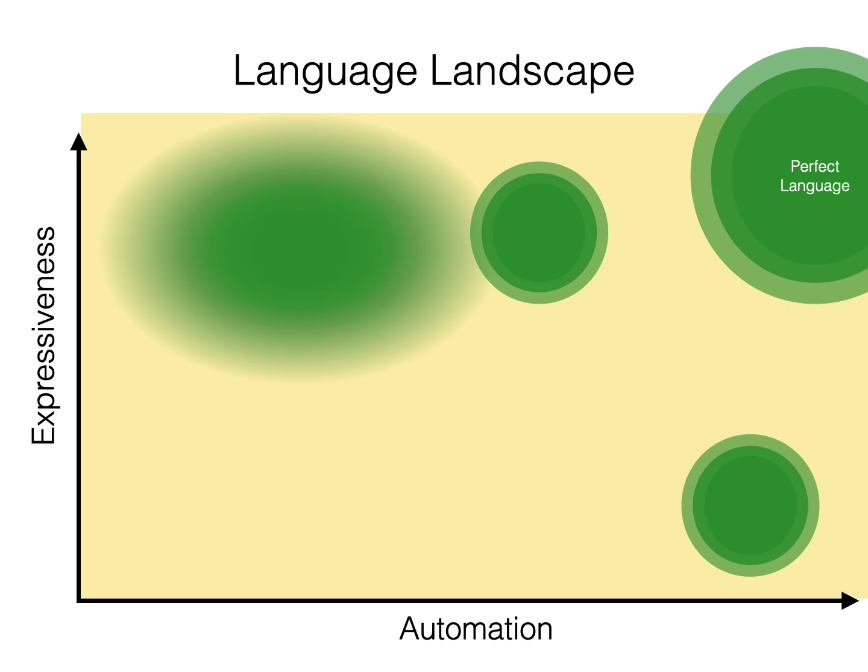In the upper right corner is the perfect language, which is unachievable, where you just say what you want, and you leave it up to the language implementation to figure out how to give you what you want, and there's no limit to what you can say you want, and the language will always provide it. Let's assume that's unachievable, but it's the attempt to get there from multiple angles that creates much of the variety of programming languages we have in the world.